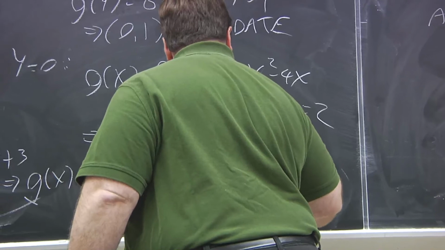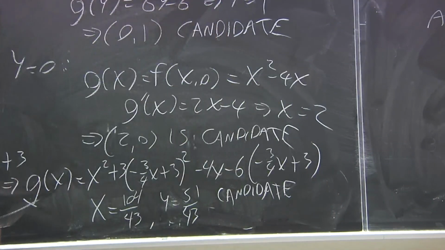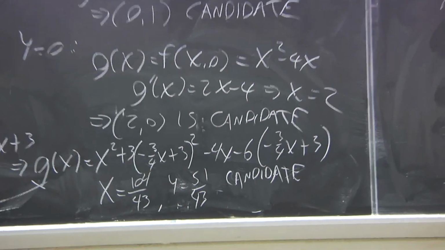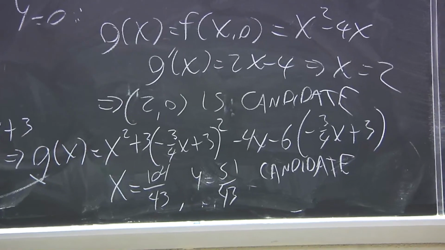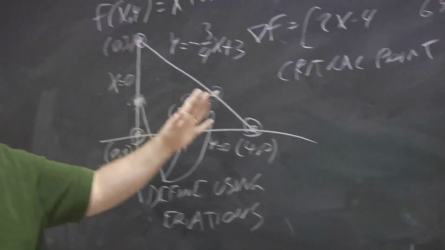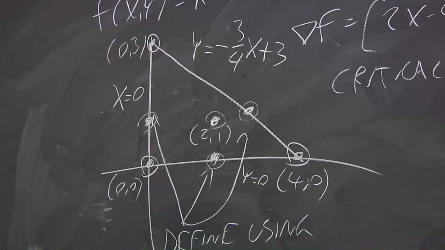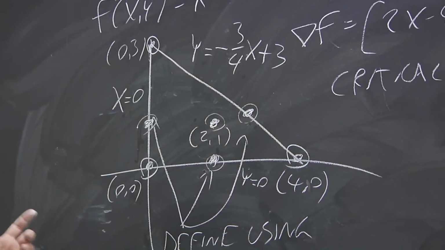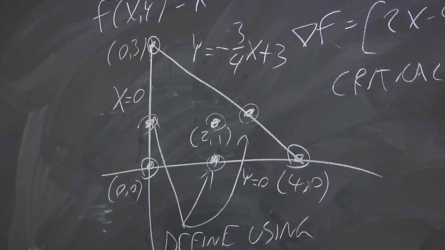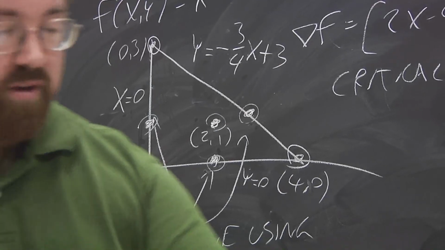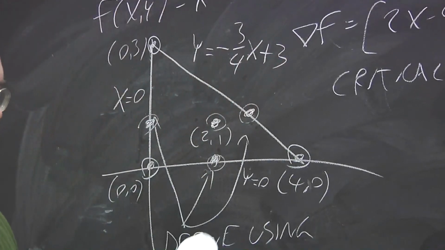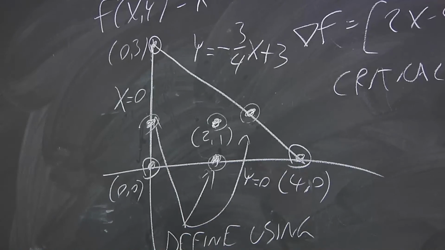So the one critical point in the interior, the 3 vertices, and the 3 critical points we found along the edges. Those are where it could be the absolute maximum or minimum. All you can do is take these 7 points, plug them into the function, and see who's the biggest winner and biggest loser.